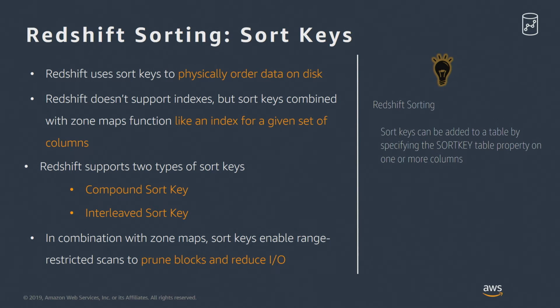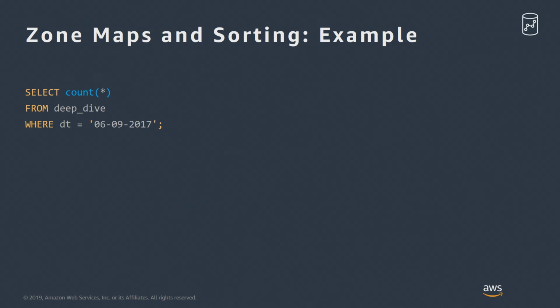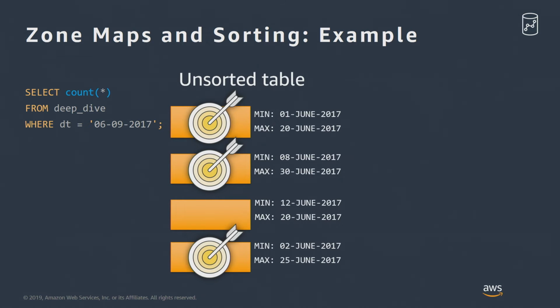But the way it functions, you can think of it as a kind of index for a table. And when you have sort keys defined, and because zone map information is already stored, with the help of the sort keys you reduce the number of IO calls. Take this example. You have the deep dive table, same table.